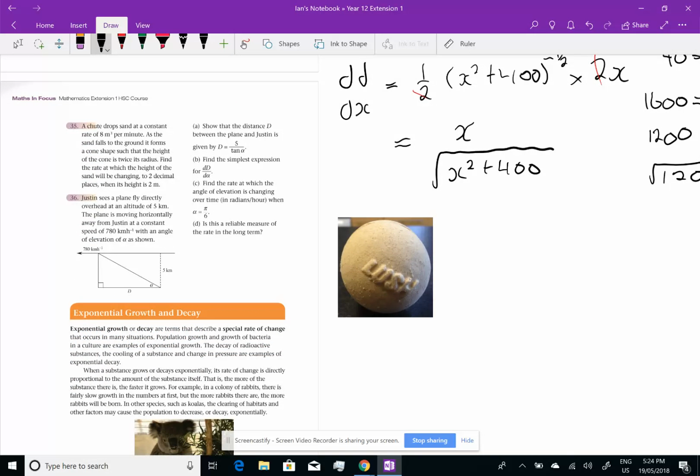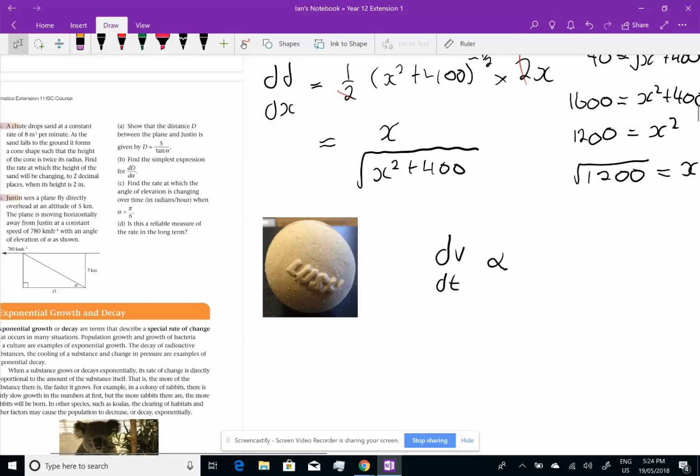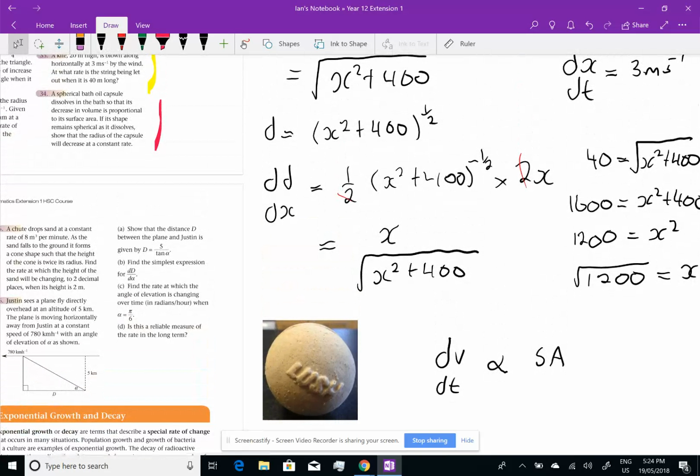What do we know? We know that dV/dt is proportional to its surface area. Let's just read that again: its decrease in volume, so dV/dt, is proportional to its surface area.